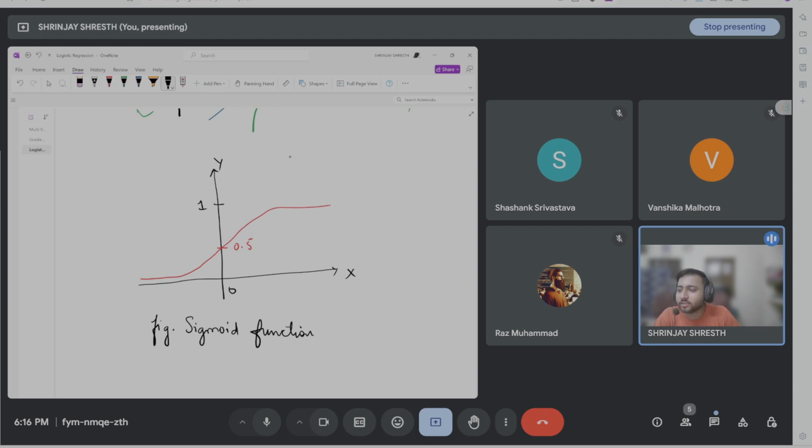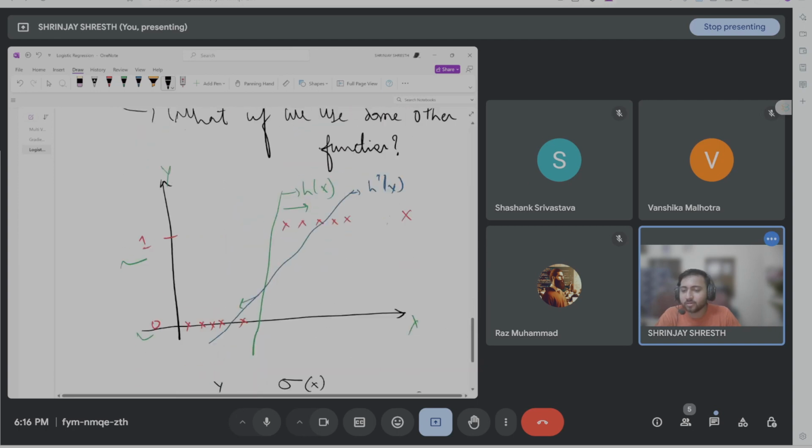Let us say your sigmoid function is something like x. Let us denote it with this. So this function will give you 1 if your x is greater than 0. It will give you 0.5 if your x is 0. Oh, my mistake.